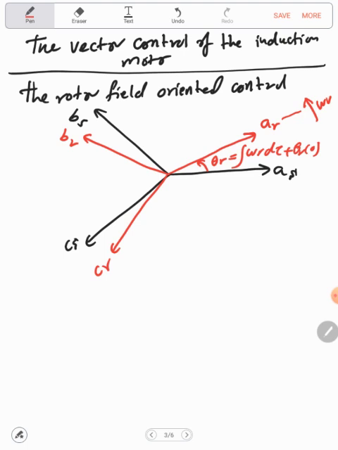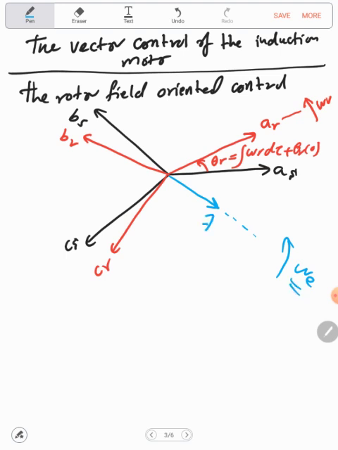Now recall in the synchronous rotating reference frame, all the sinusoidal signals are seen to be constant. So the rotor flux will be constant, rotating by omega e speed, the synchronous speed.